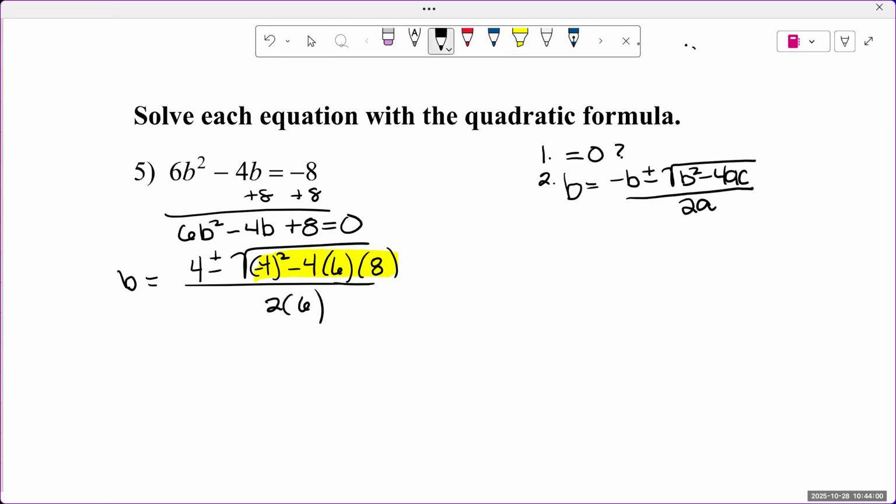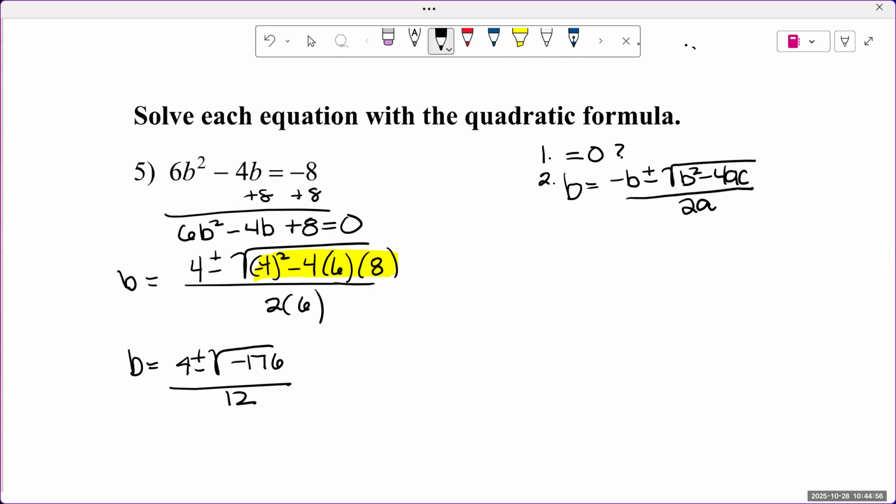Okay. So just breathe and let's just simplify the square root. So we're going to enter that into the calculator with parentheses, negative 4 squared minus 4 times 6 times 8 equals negative 176, all over 12.